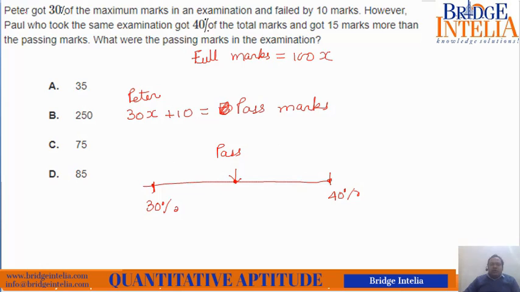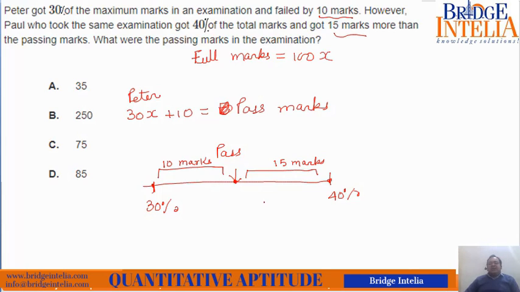Because one person has failed, the other has passed, the pass mark is between these two marks. Now what do we know? Peter has failed by 10 marks, so this gap is of 10 marks, and Paul got 15 marks more than the passing marks, so this gap is of 15 marks.